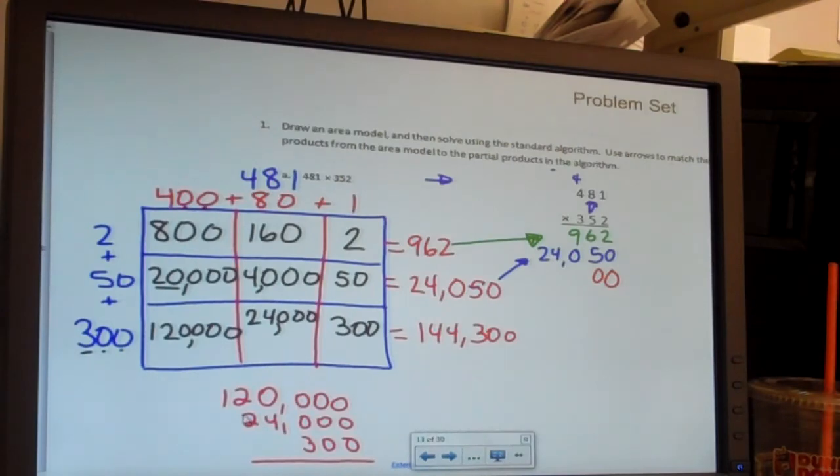I'm going to erase these numbers up here. All right, walk me through this. James, what are we going to do first? 3 times 1 is 3. 3 times 8 is what?